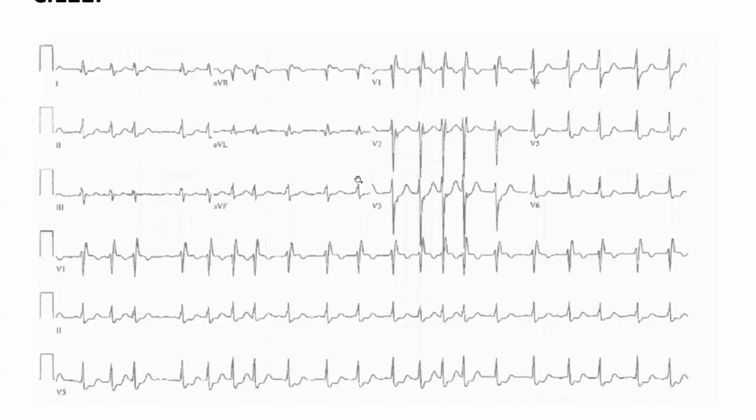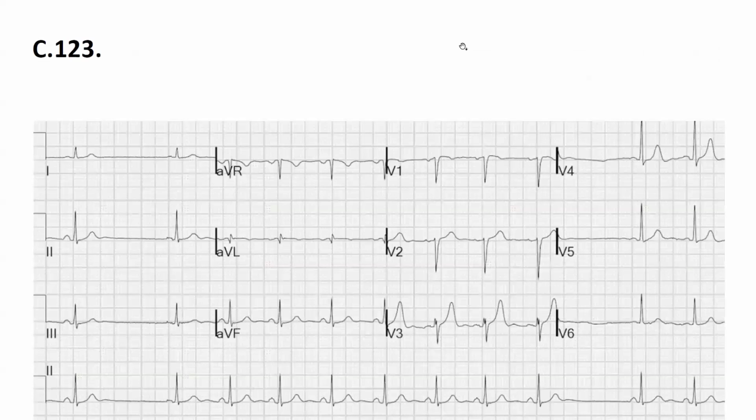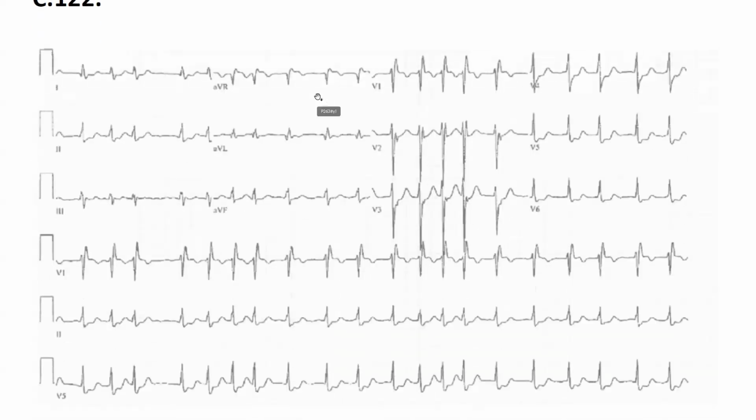Okay, Ratnali. So it's arrhythmic. Good. And the axis would be lead one, which is positive, and then you go to AVF, which is also positive.